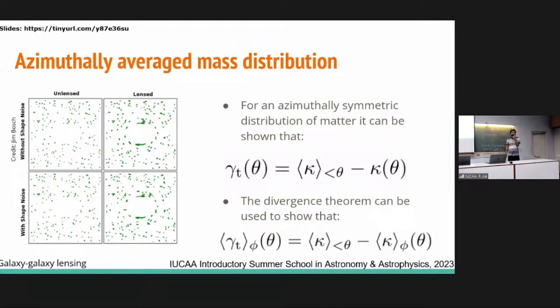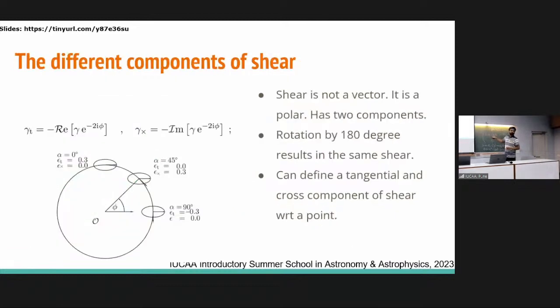But you can also show that even if your mass distribution is not azimuthally symmetric, if you take the average of this gamma t over this entire circle, it still works. When you have a symmetric mass distribution, the gamma t here, here, all of that should be exactly equal because it's azimuthally symmetric.